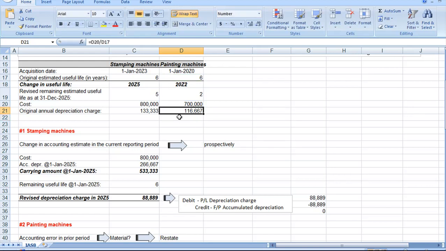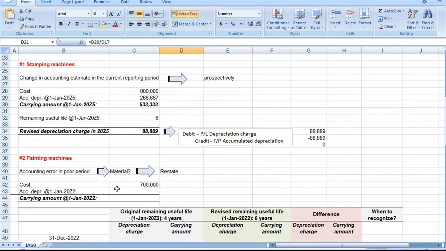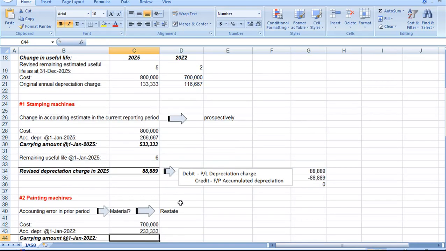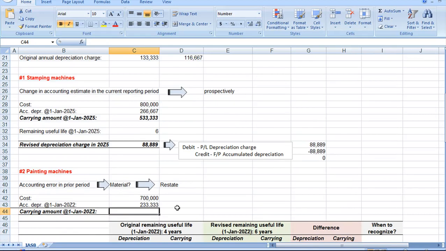And it is 116,667. So accumulated depreciation in the beginning of 2002 is 2 times 116,667, and that's 233,333. Well, therefore, the carrying amount before this error was the difference between the cost and accumulated depreciation, which is 466,667.